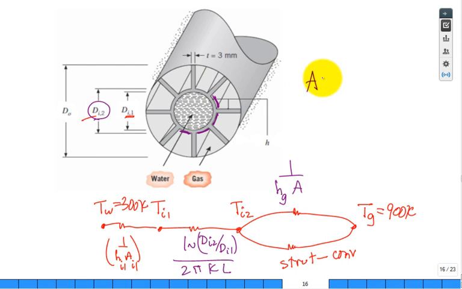That area would be pi Di2 L. That's a pretty good approximation, but it's not accounting for the little bit that's covered up by the struts. How many struts do I have? Count them: 1, 2, 3, 4, 5, 6, 7, 8. And how much real estate do they cover up? 3 millimeters.